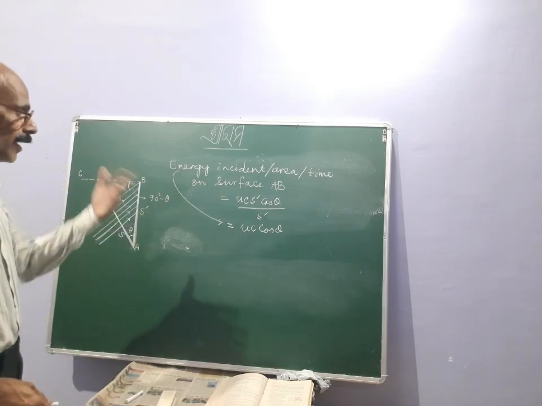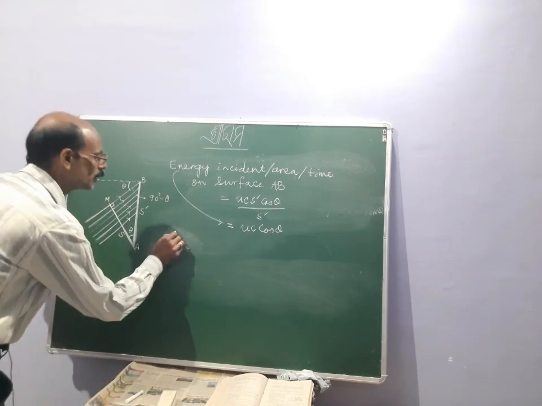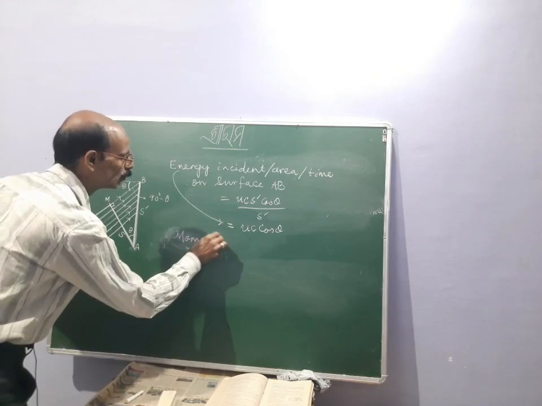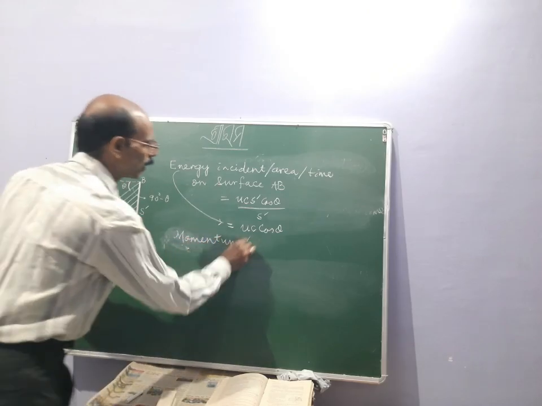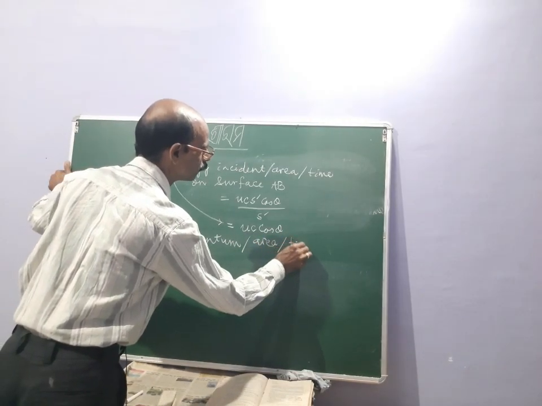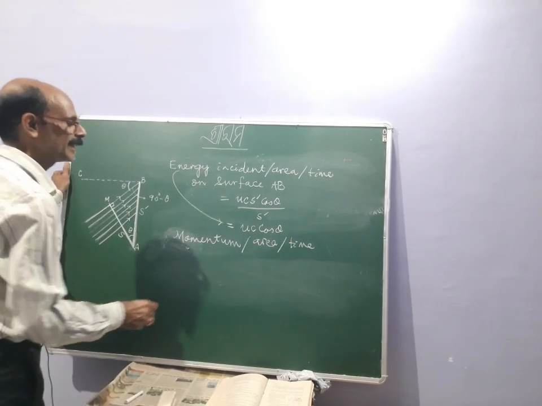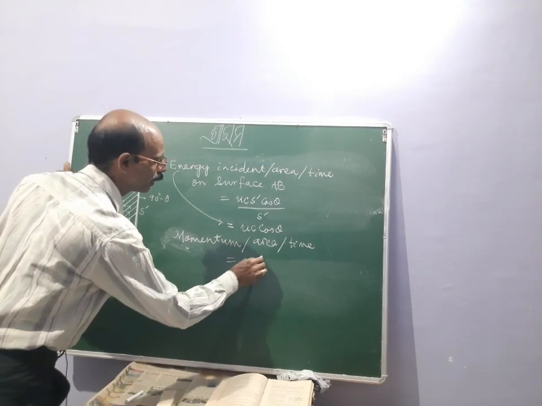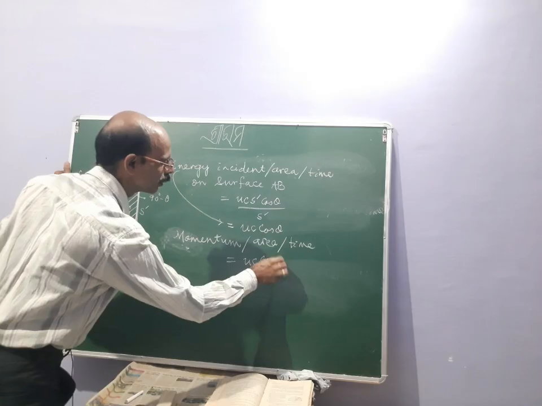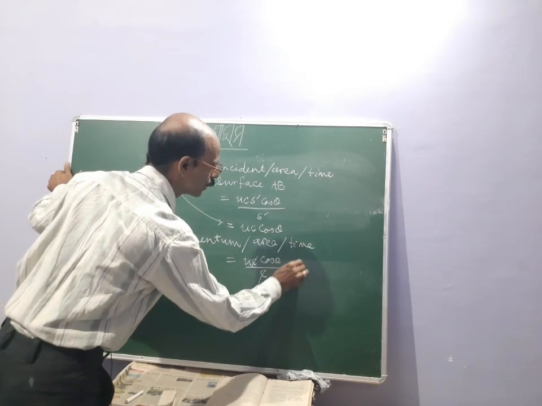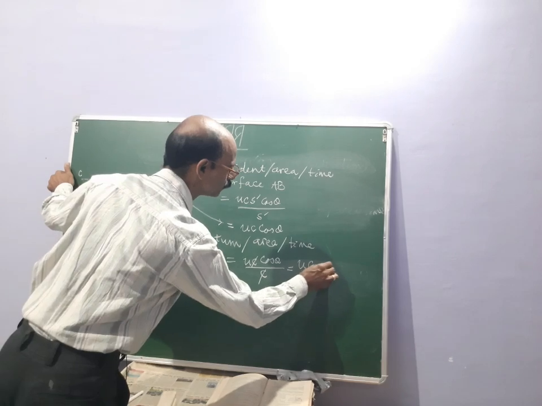Then what will be the momentum per unit area per unit time? Momentum of incident radiation per unit area per unit time will be energy incident divided by C. So C cancels out, that will be U cos theta.